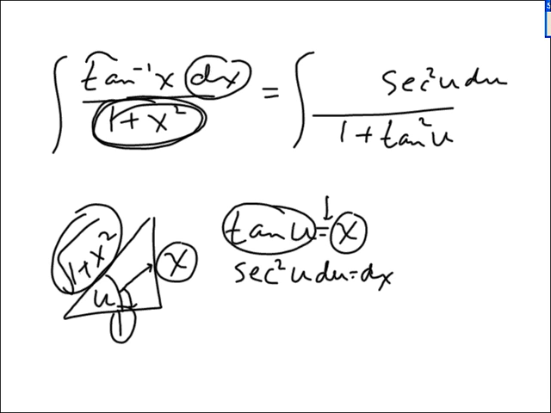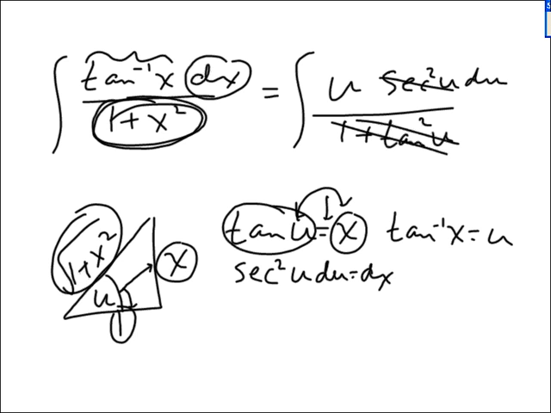And now we have the arctangent of x. If I interchange x and u, the arctangent of x is u. Oh, okay. Arctan of x is u. This happens to be the same as that.